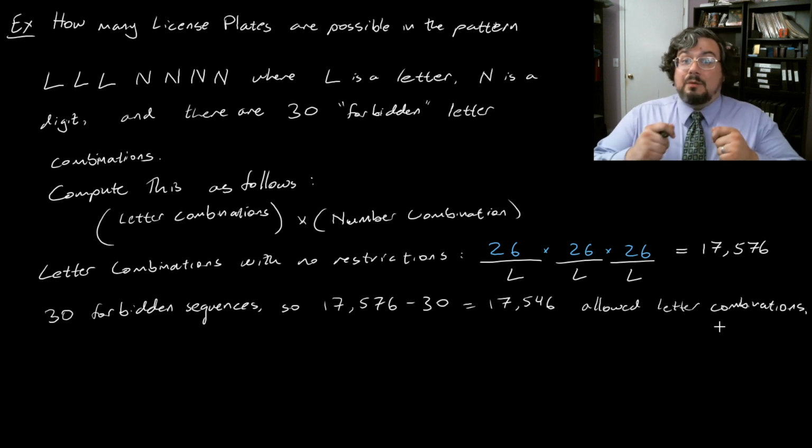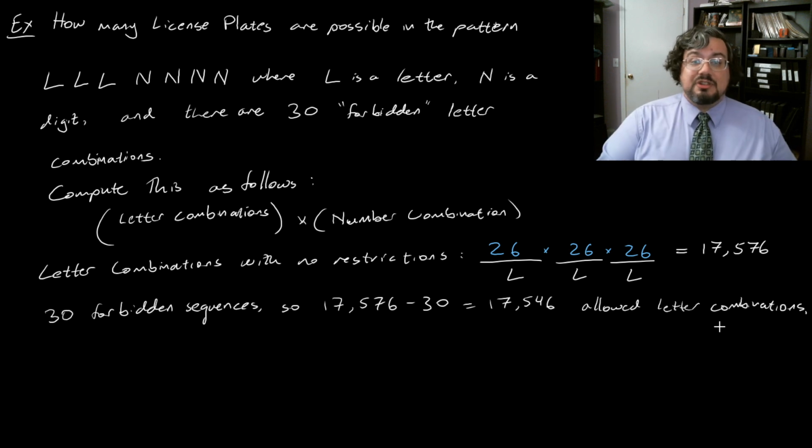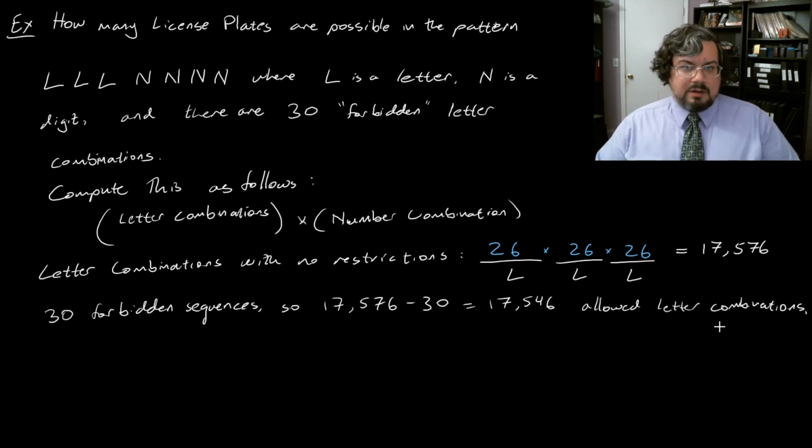So what we did in this case is we used the sequential counting principle to figure out how many letter possibilities there were total, and then we just subtracted off all the ones that we know aren't allowed. So there are 17,546 allowed letter combinations.